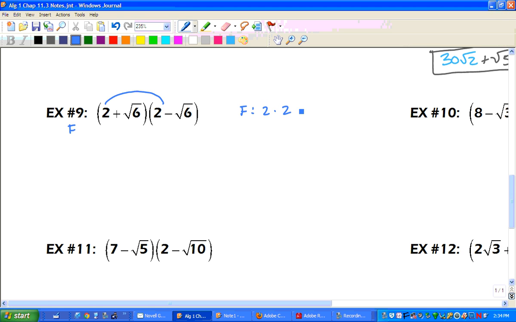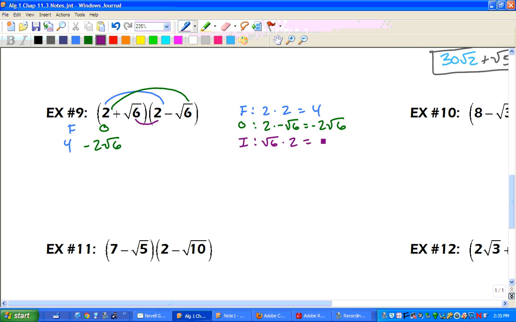So that would be 2 times 2, which gives you 4. The outside, so 2 times negative root 6. So it's going to be negative 2 root 6. Okay, we have to multiply the inside. So root 6 times 2, which is going to be positive 2 root 6.